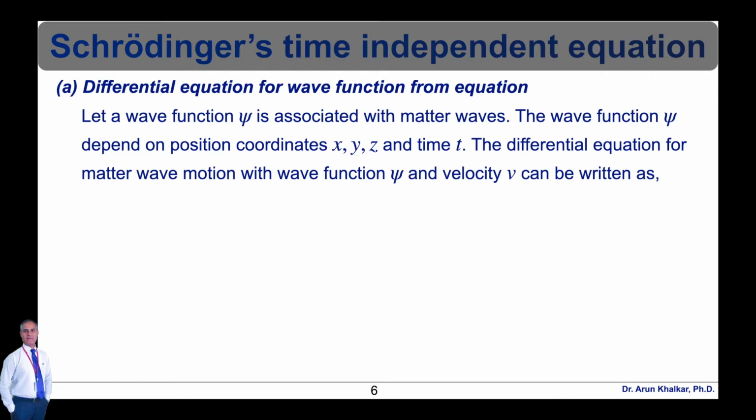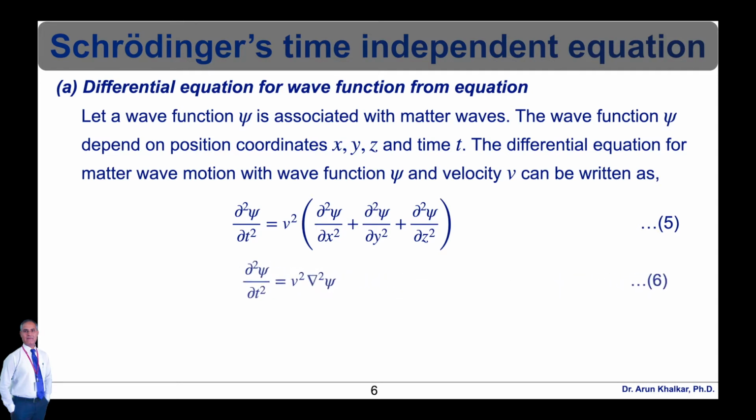The differential equation for matter wave motion with wave function ψ and velocity v can be written as ∂²ψ/∂t² = v² (∂²ψ/∂x² + ∂²ψ/∂y² + ∂²ψ/∂z²). Let's say this is equation number 5.